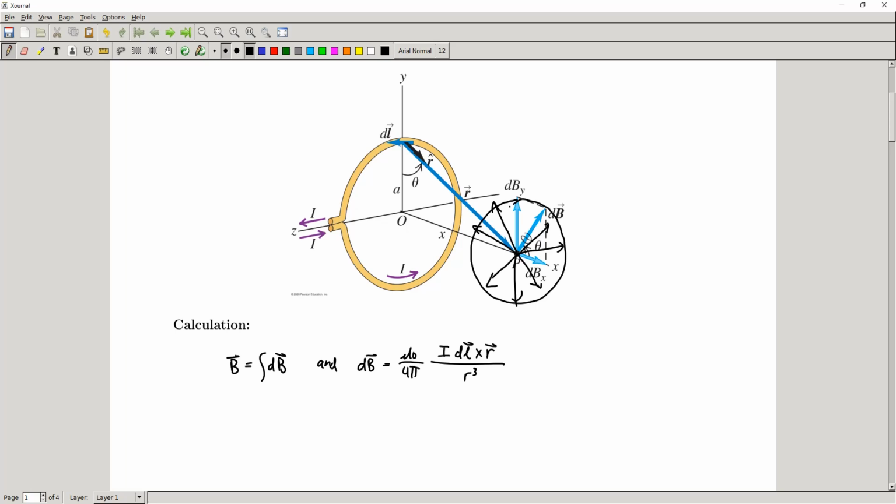So all of the contributions to our dB in what we're calling the y direction now, but it's not really the y direction because it's going to end up being a little bit in the y and a little bit in the z direction, and then fully in the z direction when it's over here or over here, and then back to being in the y direction when it's over here. But they're all going to add up in such a way that they all cancel out, right?